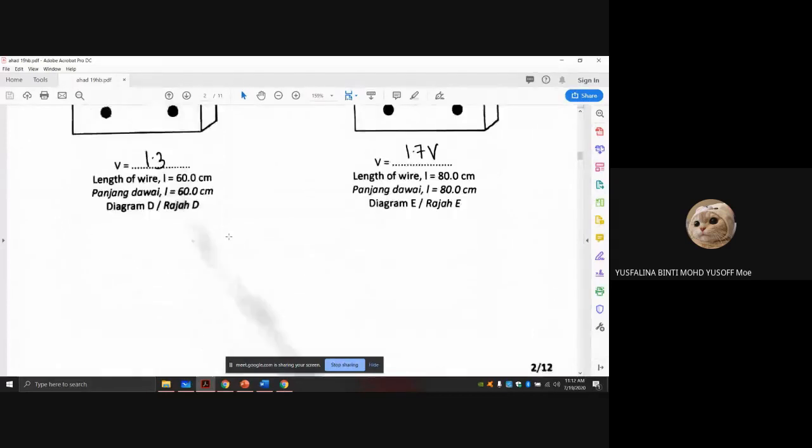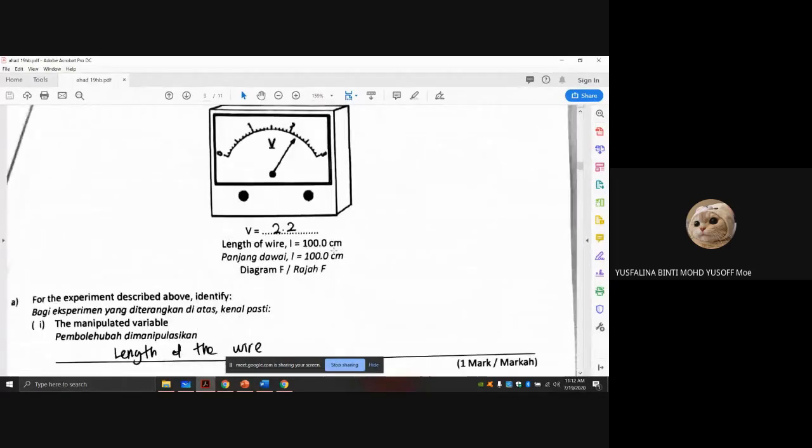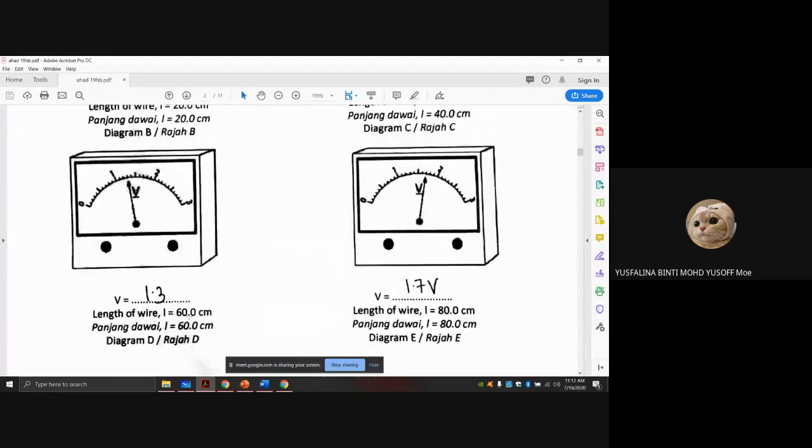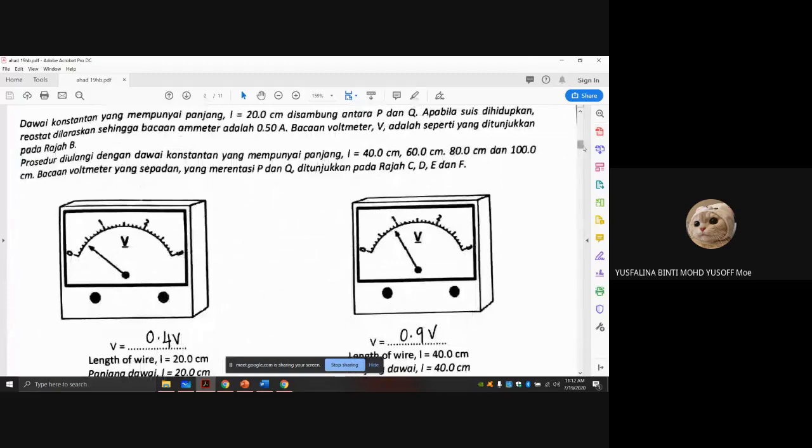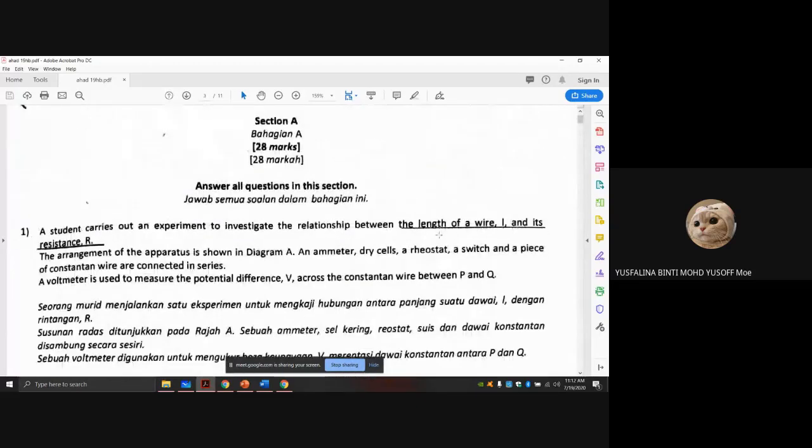Check your reading first, and the last one is 2.2. Then the manipulated variable, I told you already, you have to underline. Which one is the manipulated, which one is the responding? Of course, the length of the wire is the manipulated, and the resistance is the responding.